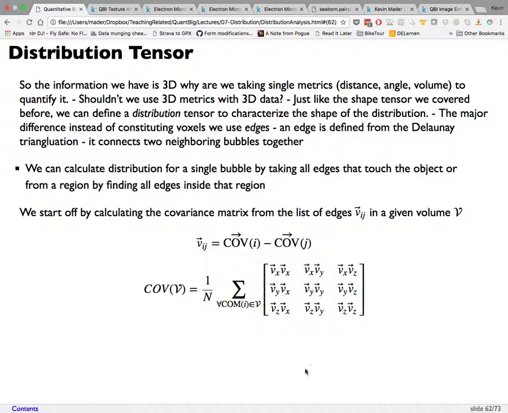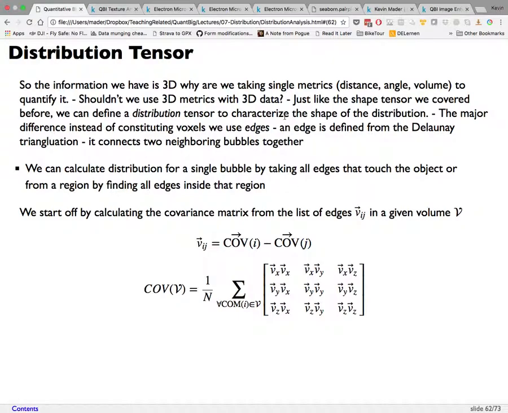Cool. The last major topic we'll go over is this idea of a distribution tensor. And so this comes from looking at all the different points that you have in a system, and it comes actually from cellular materials, and how you can start to come up with a meaningful way to analyze this.